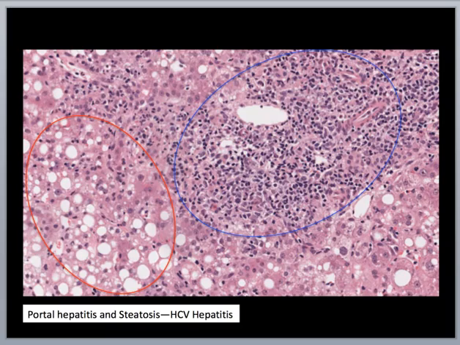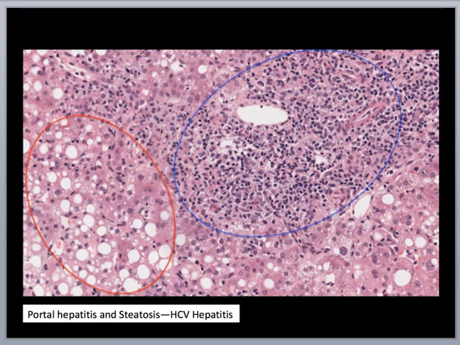Another histologic finding that is seen with HCV hepatitis is the concurrence of features of chronic hepatitis. In this case, I identified the portal hepatitis. There's some also interface hepatitis as well. But the key thing is that there's also steatosis, and I outlined that in the red oval there. It has a macrovesicular and microvesicular appearance, if you remember that from before.